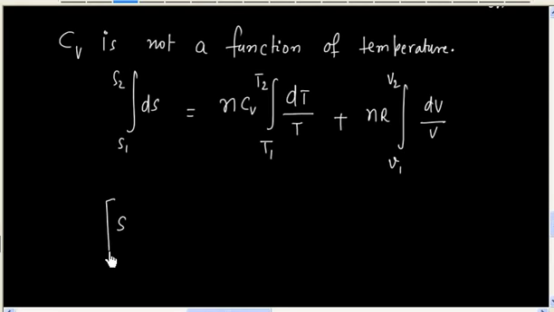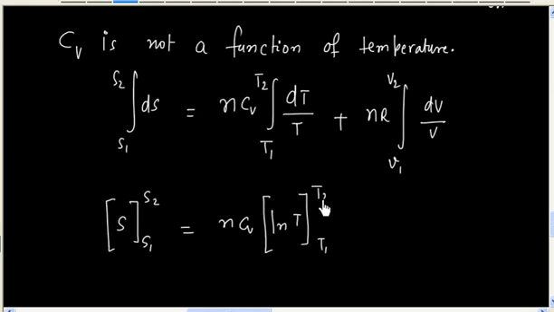This integration becomes S from S1 to S2, and this is nCv ln T with limits from T1 to T2, and nR ln V with limits from V1 to V2.